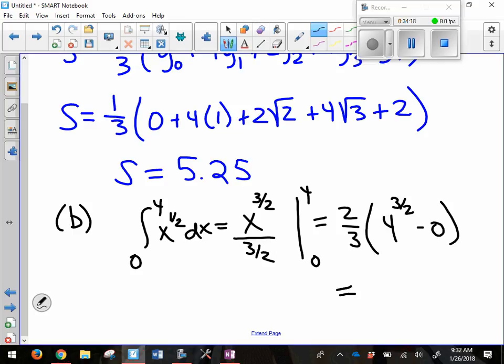And if you do that out, what do you get? 5.33, which is pretty close. It's not exact, but it's not going to be. It's an approximation. But certainly to the nearest tenth, they agree, right? Okay. On Monday, we will finish this section.